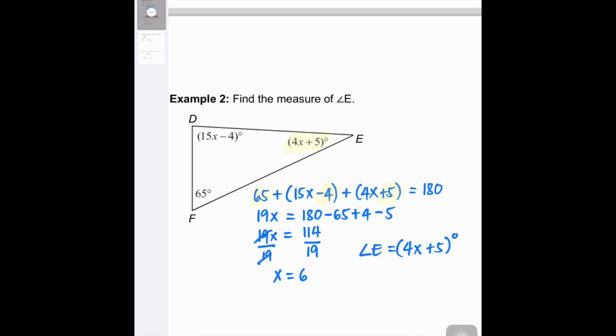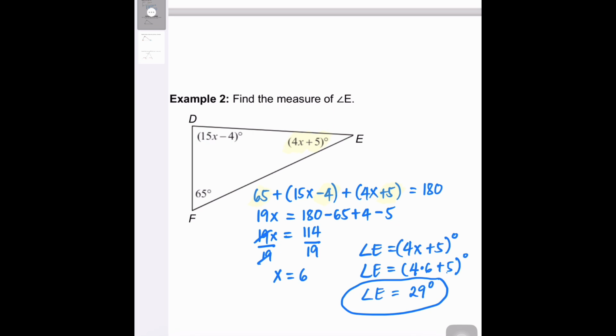Since we were able to find the value of x, we just simply plug it in. So you have 4 times 6 plus 5 degrees. And 4 times 6 is 24, plus 5 is 29. Therefore, the measure of angle E is 29 degrees.